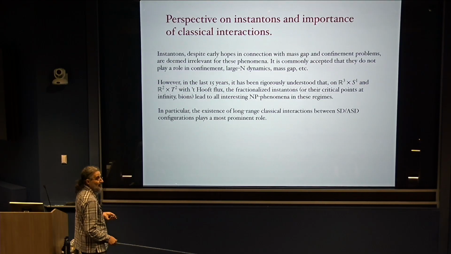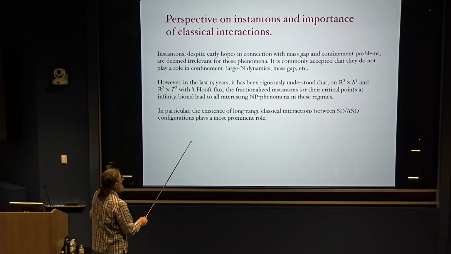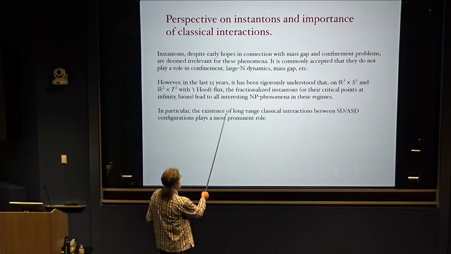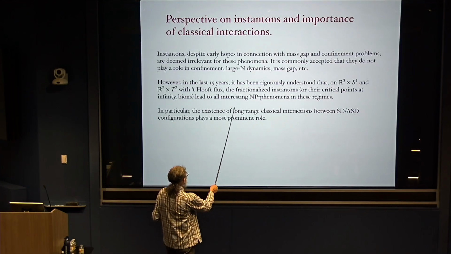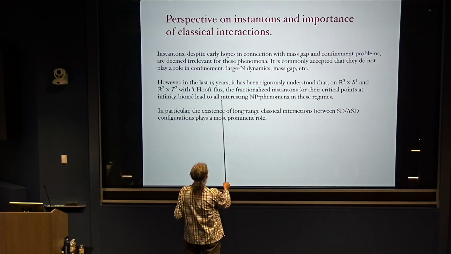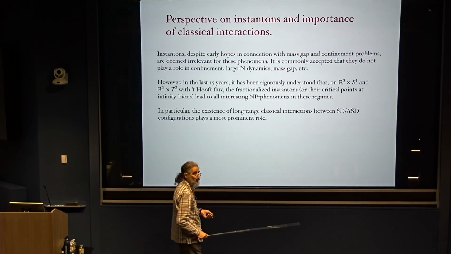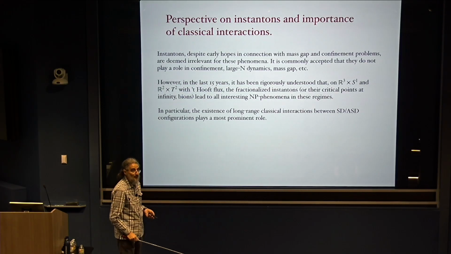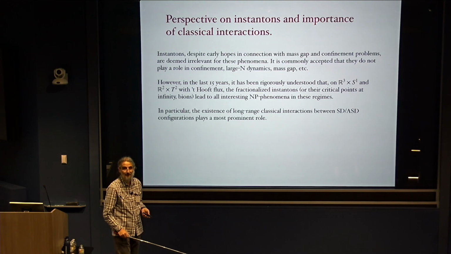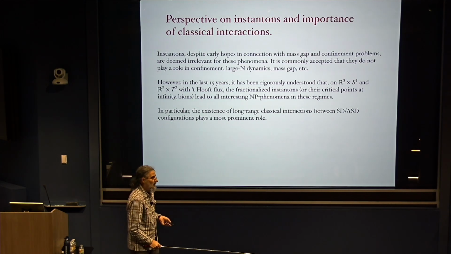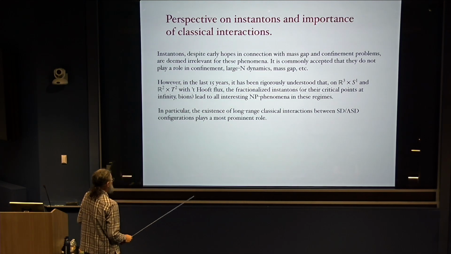So I am pushing the opposite idea. However, what we understood in the last 15 years is that in all these cases, fractionalization of the instantons leads to all the interesting non-perturbative phenomena, and they are not inconsistent with large N. Especially, they would survive in standard large N.